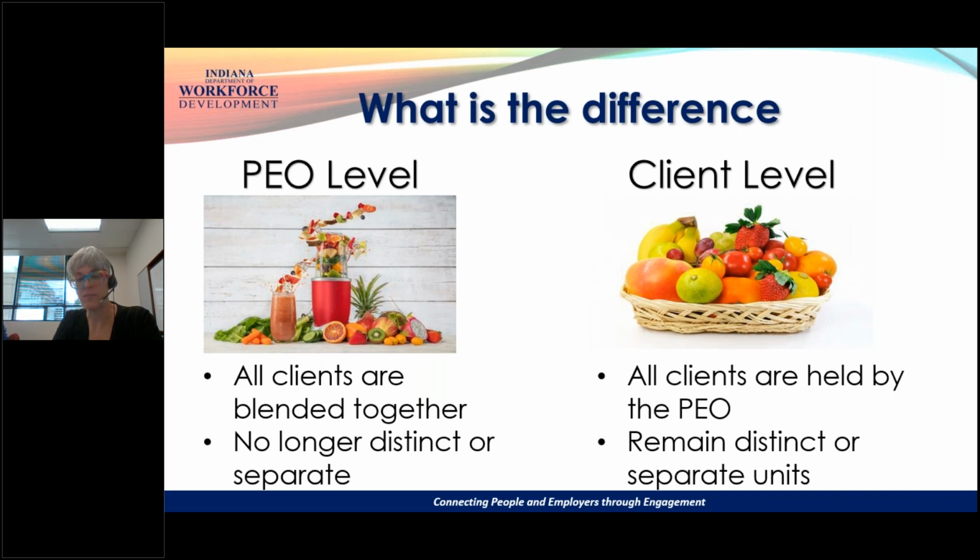They come out of the PEO exactly the same way that they went into the PEO. The only thing that really changes at the client level is that the PEO is financially responsible for the employers at the client level until the employment relationship between the PEO and the client is severed and notice is sent to DWD that that has occurred.